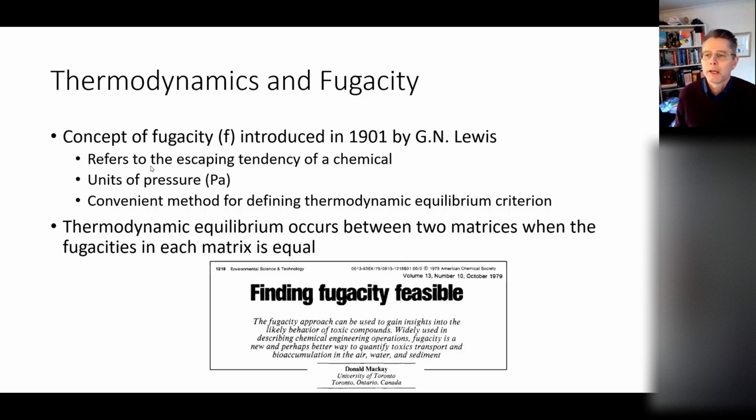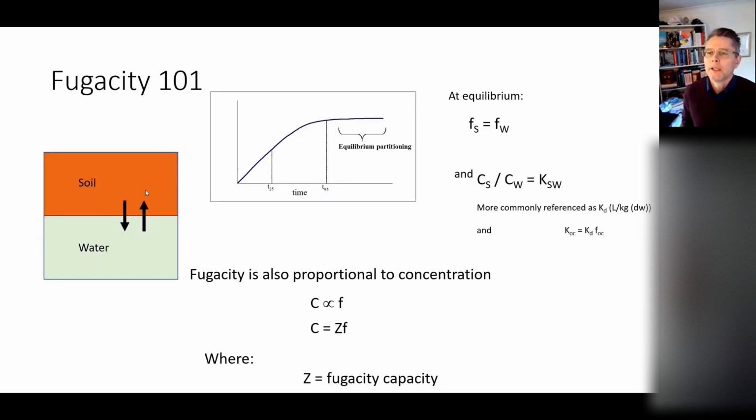Following the publication from Mackay in '79 and through the '80s and '90s, the application of Fugacity has found its way into a number of regulatory models and is used quite widely to estimate the exposure of chemicals, such as in Europe. The USES model relies a lot on these principles that were developed out of this publication.